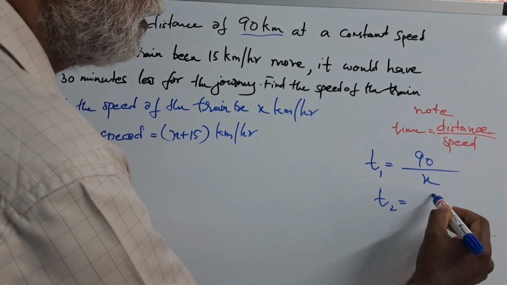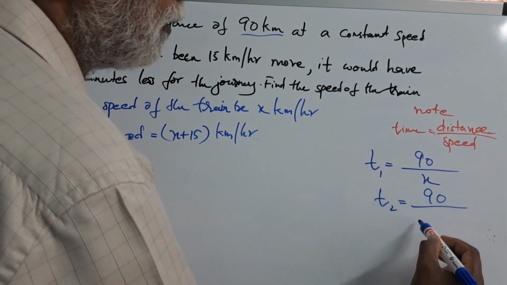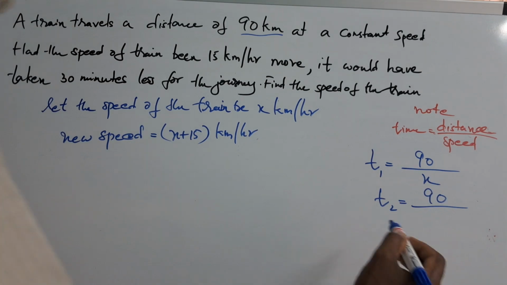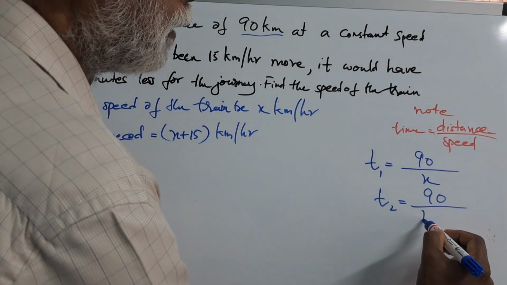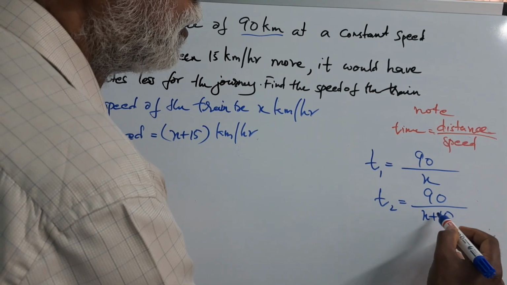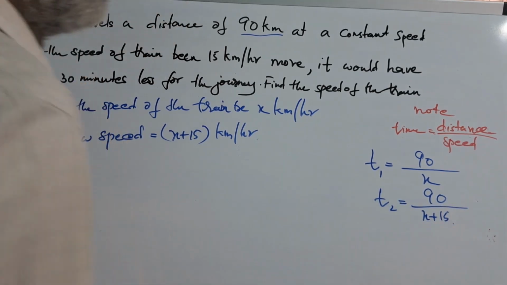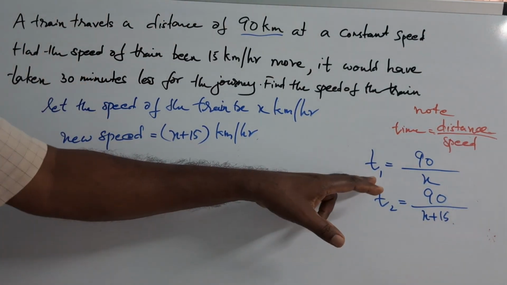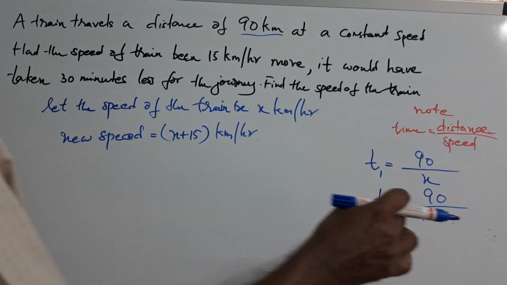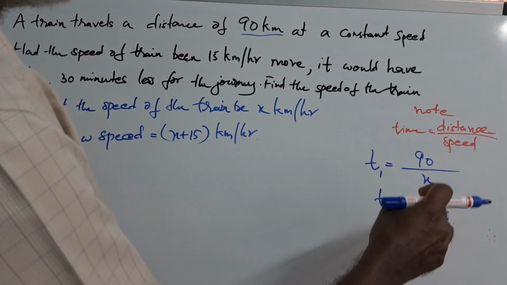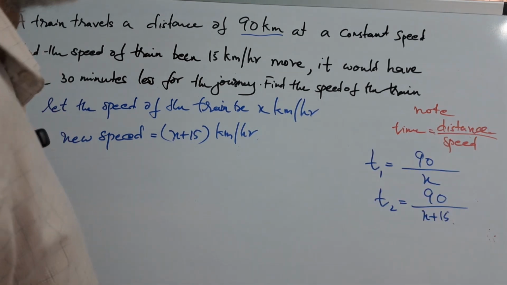T2 is 90, same distance, but the speed is increased by 15 kilometer per hour, that means x plus 15 is the new speed. T1 is greater than T2 because in the second situation, speed is more than the first speed.